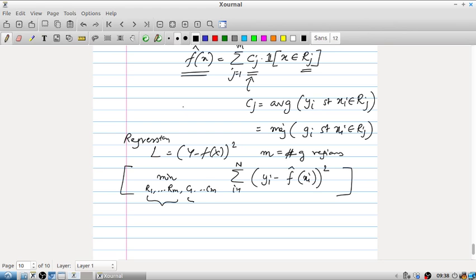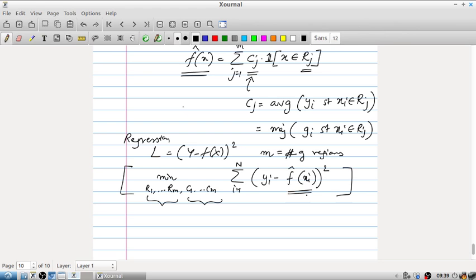The problem here is that this has too much flexibility. How do I define these M regions? It's not clear. Even for a two-dimensional input space, you can chop the space into an arbitrary number of M pieces in any way you want. So there's too much flexibility here, and because of that it's hard to find the best f hat, because f hat is defined in terms of regions and the constants in each region.